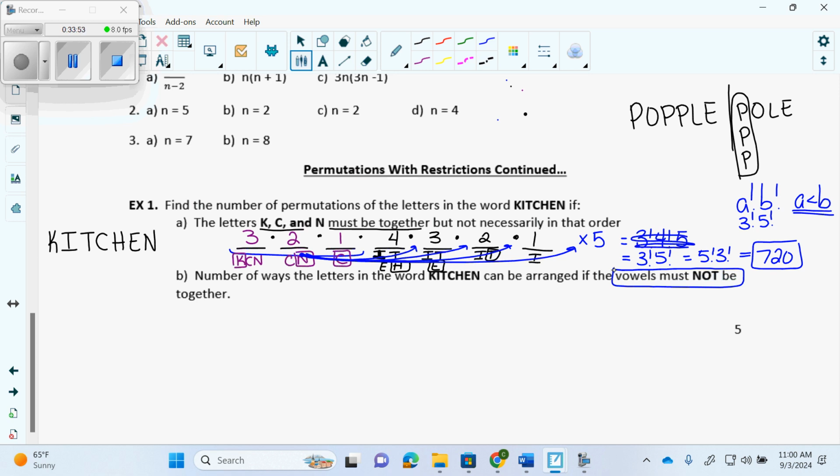We agree? True? So if I take all the cases of the vowels not together and I add the vowels together, I would technically get the total number of words I could get out of this whole thing. We agree? So what if I subtract? So let's do total number of words I can get from kitchen.